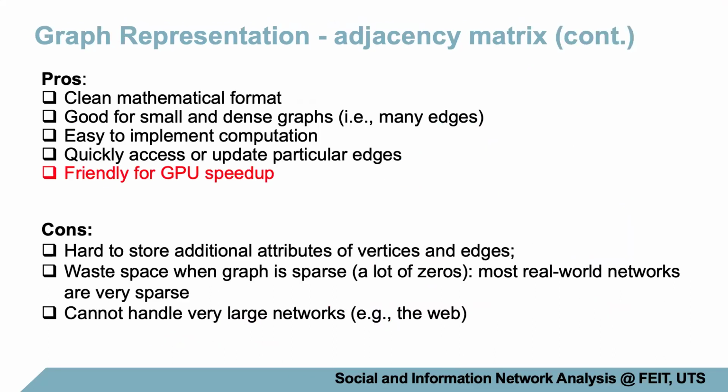You can see the adjacency matrix is a very clear format. It is very obvious for you to see the graph. And also it is good for small graphs and dense graphs, because for small graphs the matrix is small and the values are fewer, so it's possible for you to describe or save it. And for dense graphs, you can really use the space, use the values. Also, it is easy to implement computation compared to the adjacency list.